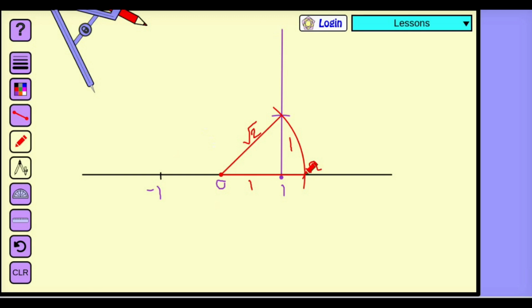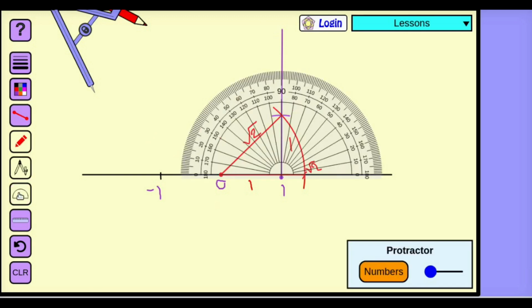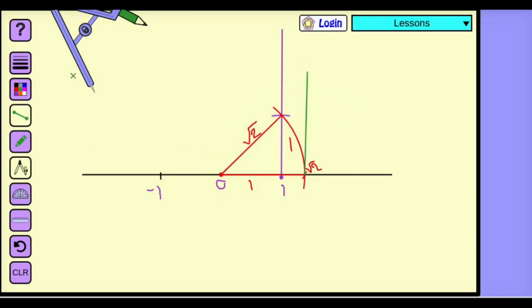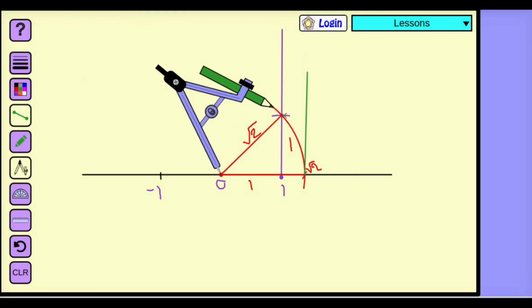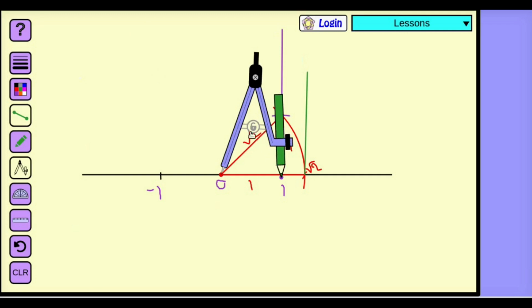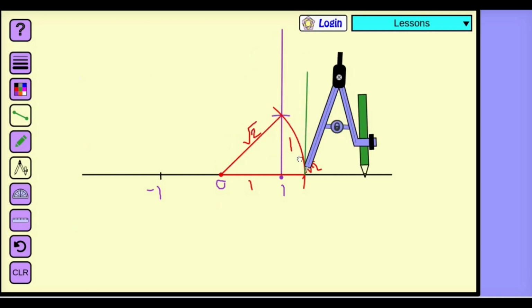Now, from that point root 2, draw another perpendicular line with the help of a protractor. Now take compass again. Measure 1 unit and draw an intersecting point on the perpendicular line.